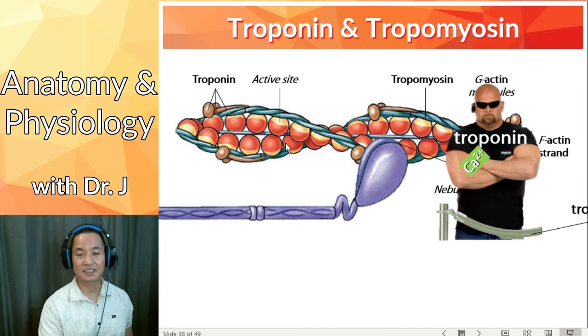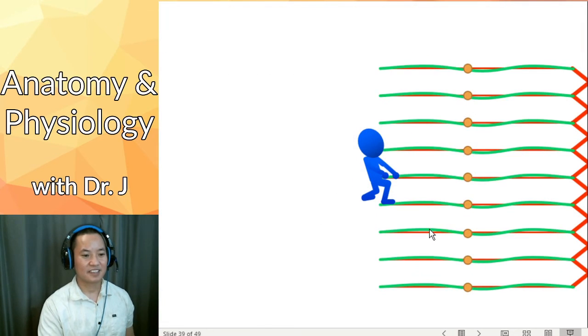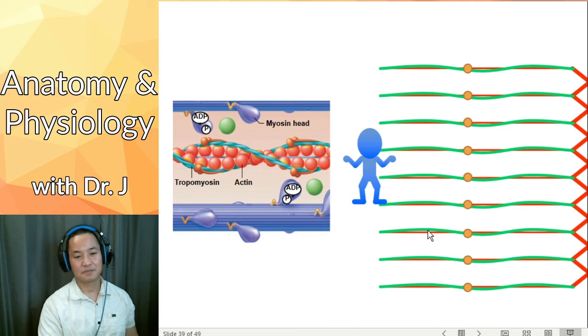So troponin isn't doing the blocking itself, it's tropomyosin that's doing the blocking. But once troponin has calcium, now it can move tropomyosin out of the way. So again, tropomyosin is kind of like blocking myosin from binding to actin. If tropomyosin is blocking myosin and actin from interacting, there's no pulling, there's no contraction.